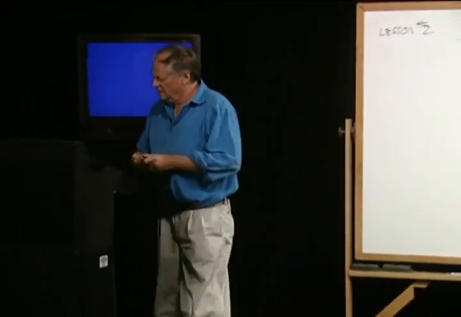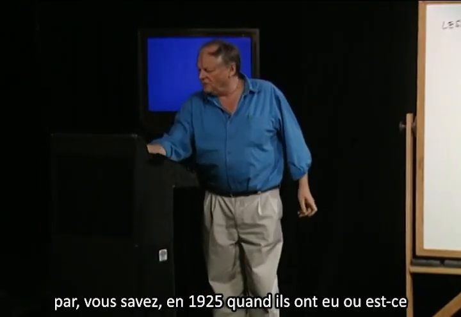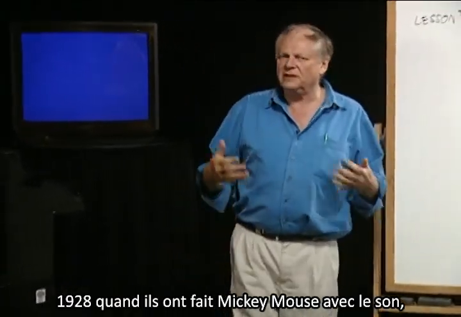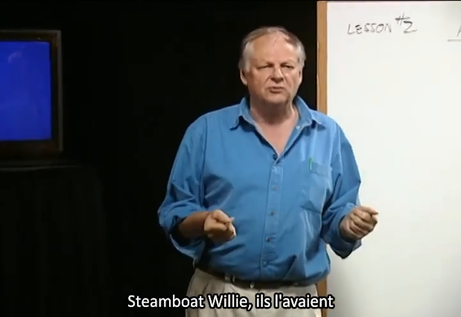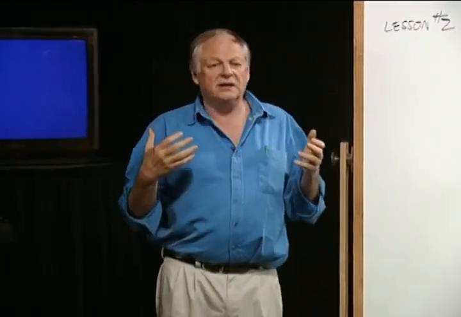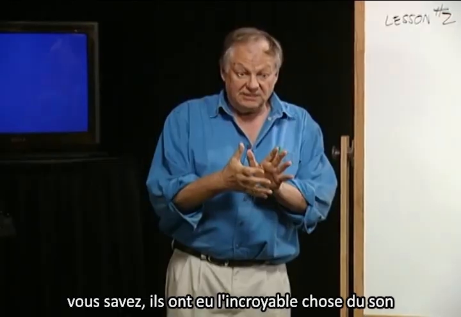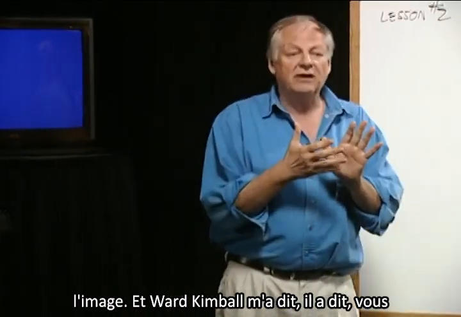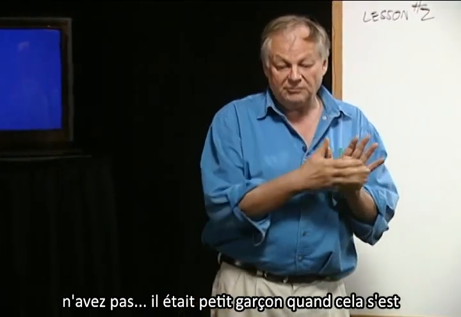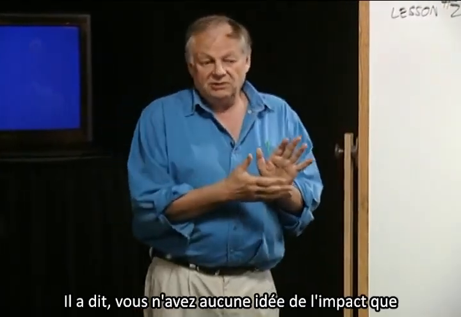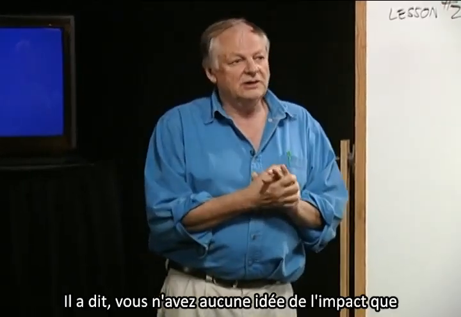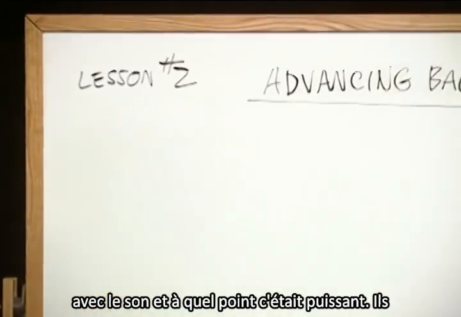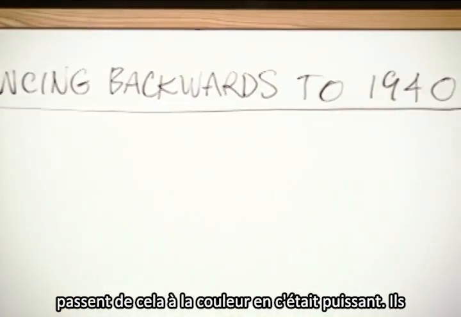In 1928, when they did Mickey Mouse with sound, Steamboat Willie, they got the amazing thing of the sound with the picture, and Ward Kimball said to me, he was a little boy when this happened, you have no idea of the impact that had on the public to see animated films with sound and how powerful it was.